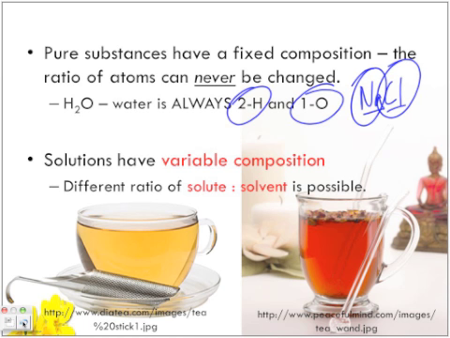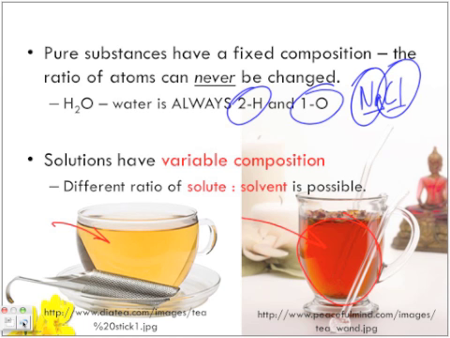Solutions, now when we combine a solute and a solvent together, solutions can have what we call a variable composition. We can have a different ratio of solute to solvent. So here we have an example of us forming tea. We can make it really light, so the solute that we're dissolving within the hot water is not as concentrated in here as it would be in here, forming obviously the darker composition.